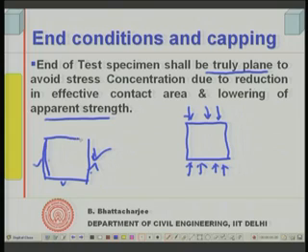This top surface is the finished surface, which will normally have some sort of undulation. So, while testing, we test such that this is facing the person testing. In other words, the load will not come onto the finished surface. So, this is what we do in case of a cube.